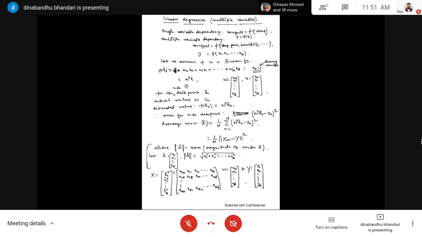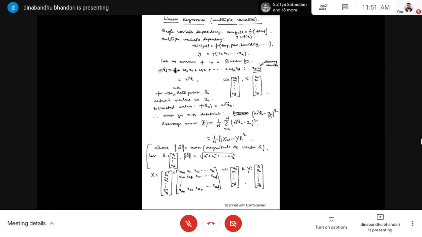Now, for the nth data point, like the earlier case, in this data set, your vector was xn and your actual value was yn. But if we assume this as your estimating, predicting function, then the estimated value will be W transpose xn, like the earlier case where it was A xn plus B. So this is our estimated value, and yn is the actual value.